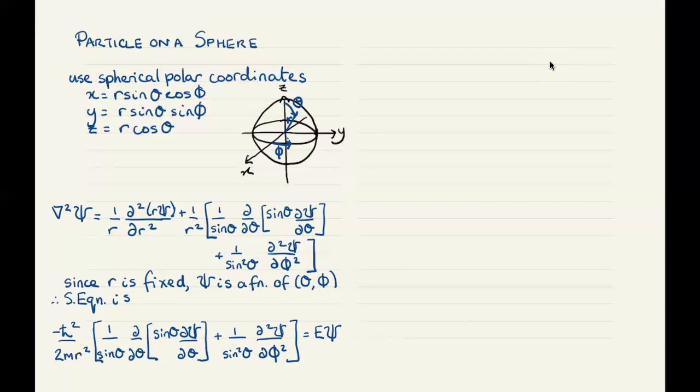This is very horrible, but we're in luck because this is a known equation. We call it a special equation with known solutions. So our approach to solving this equation will be to look them up.